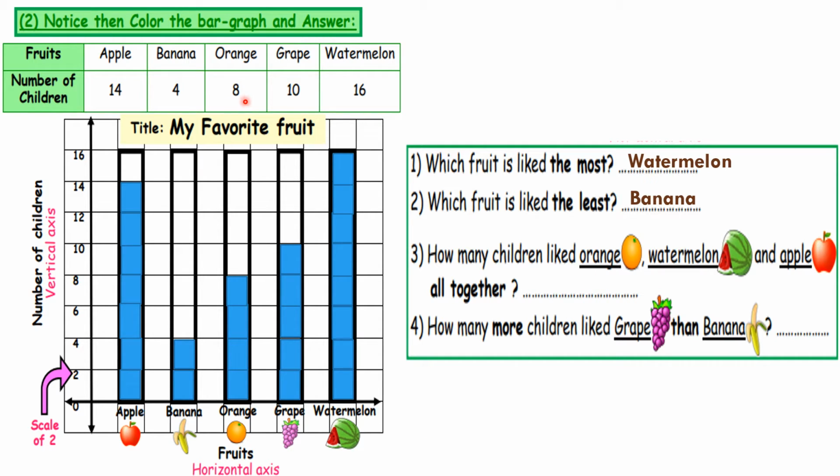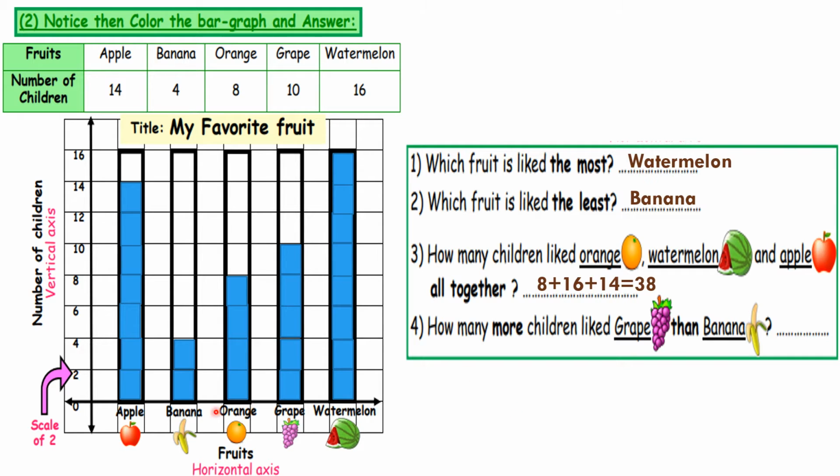I have 8. How many like watermelon? I have 16. How many like apple? I have 14. You can use two ways here. You can count the bars, and the number of bars on oranges, watermelon, and apple will be your answer. Or you can add them all together.